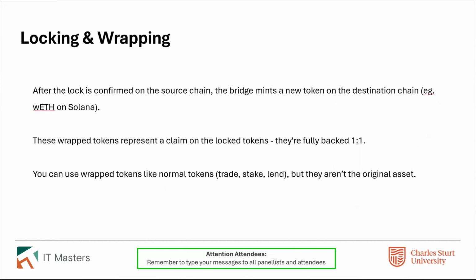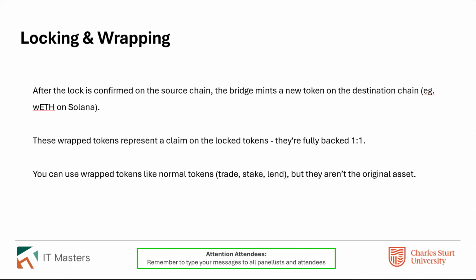After the lock is confirmed on the source chain, where it's coming from, the bridge mints, and mint means create new tokens, on the destination chain. So if I'm transferring Ethereum or ETH to Solana, on the Solana network we'll get something called wrapped Ether, or wrapped ETH.